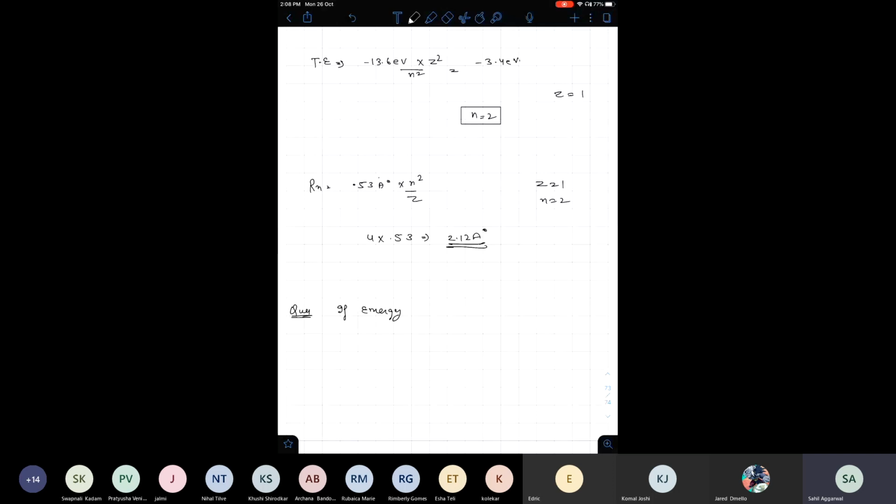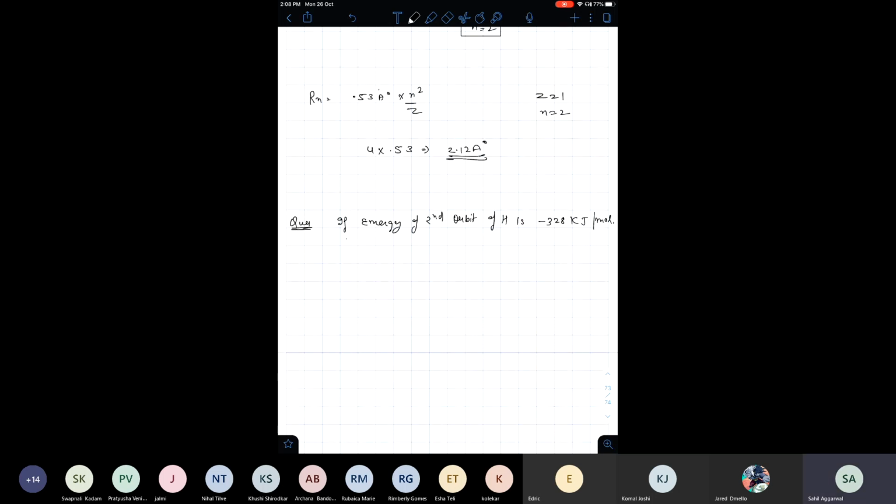If energy of second orbit of hydrogen is minus 328 kilojoule per mole, then energy for fourth orbit will be how much?